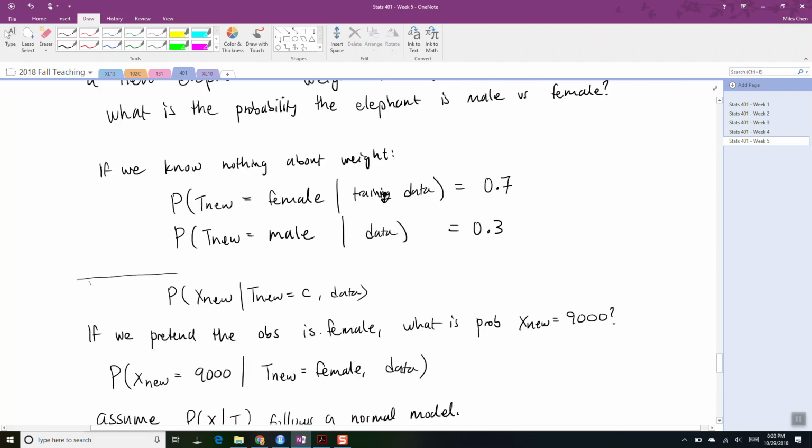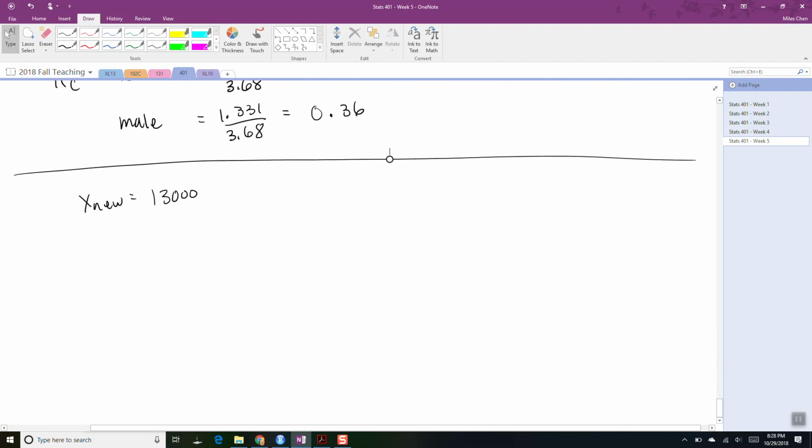But if we did the calculations, the probability that T is going to be female, given the data, is still 0.7. The probability that T is male, given the data, is still 0.3, okay?